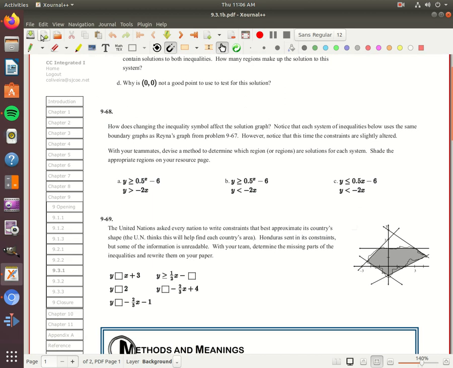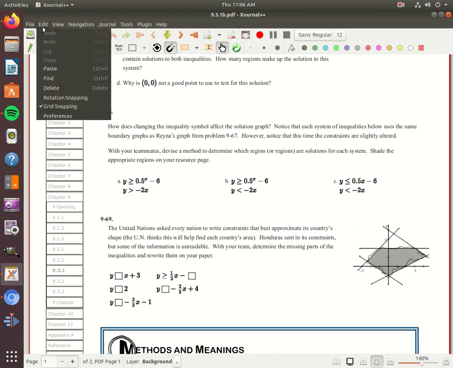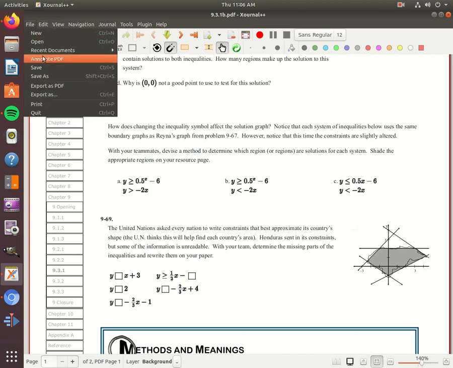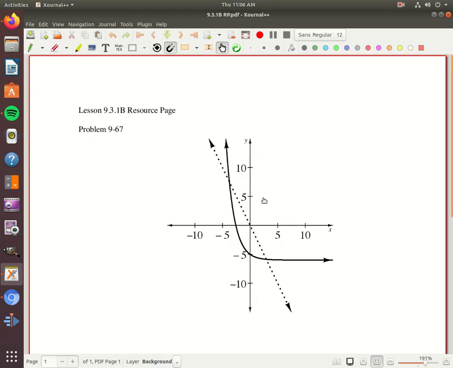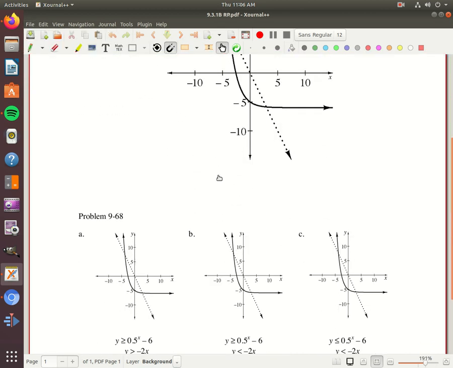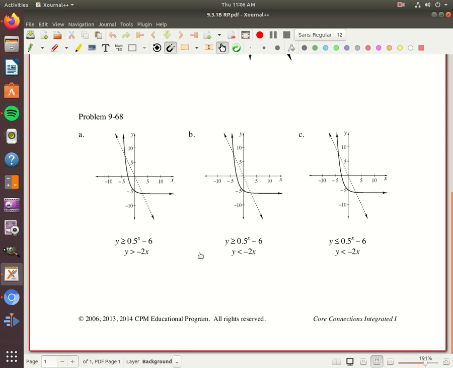So what we're going to do is the same thing we did on 967, three separate times. They give us a nice little resource page with which to do it. So, same thing on this one. I'm going to mark this one as the green, and I'm going to mark this one as the red.